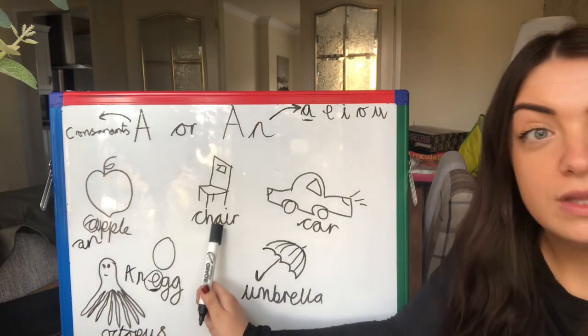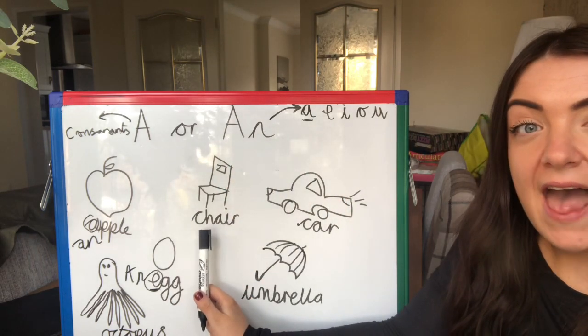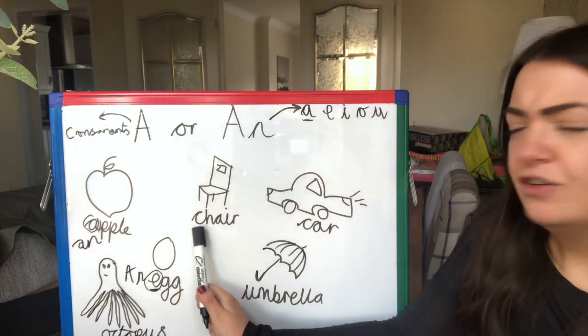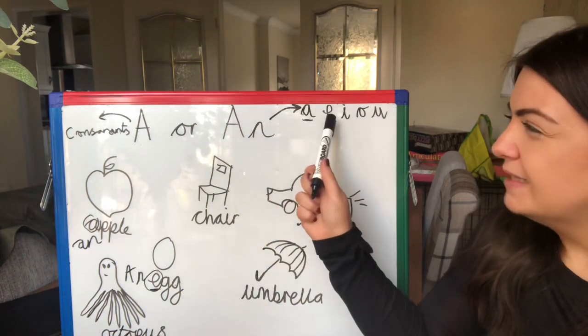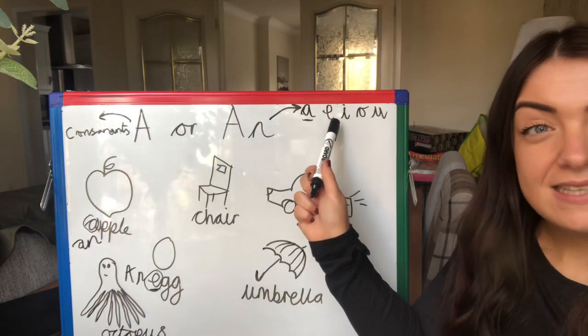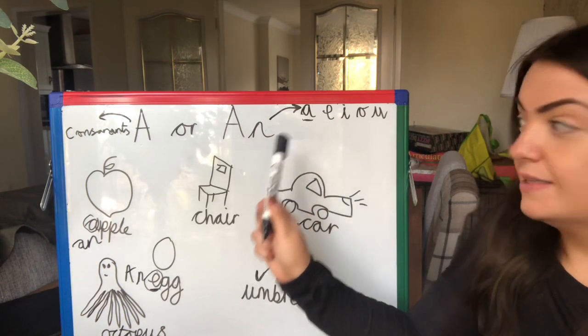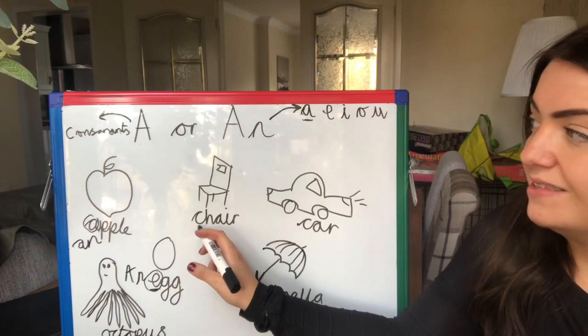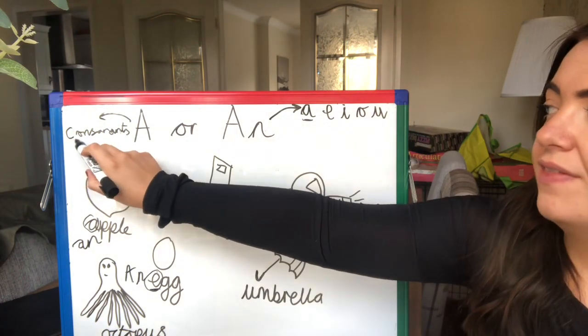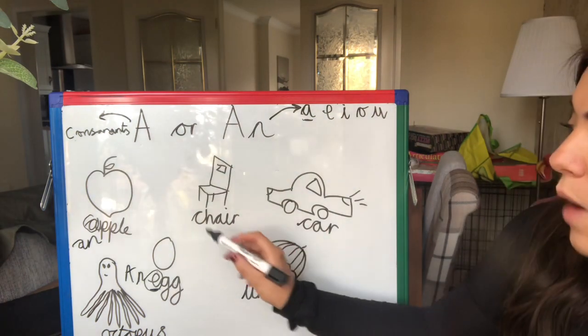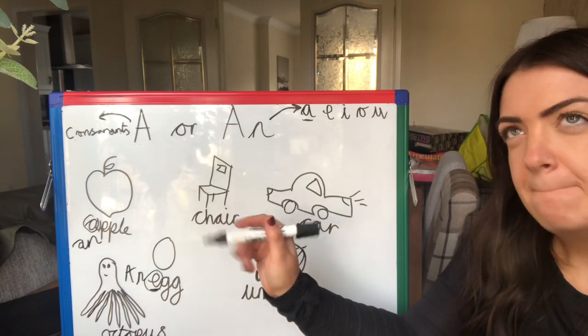So we're going to start with chair. Ch, air. I don't think I can hear a sound of a vowel at the start of that word. That's a ch sound, and it also starts with a C. So I know that that is a consonant. So would I say an chair?